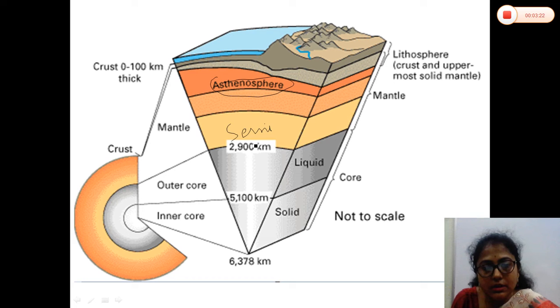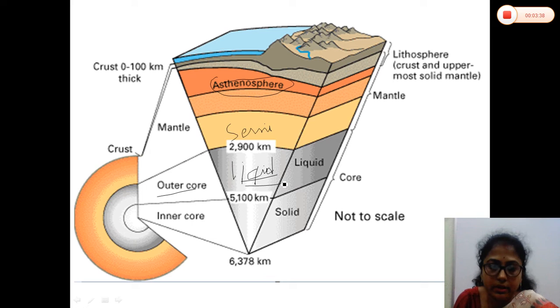So the mantle is semi-solid, but the outer core is liquid. Here is one contradiction, you can say: as depth is increasing, temperature is also increasing. So the outer core is liquid. It's quite obvious, the outer core will be liquid because of extreme temperature, about 4,400 degrees centigrade.